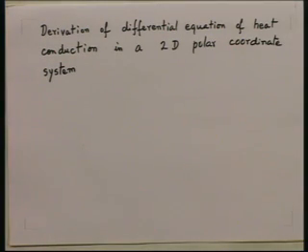So, instead of deriving for a cylindrical coordinate system, which is r, theta and z, I am going to derive for a polar coordinate system, which is only r and theta. We will generalize later to r, theta, z, all right.